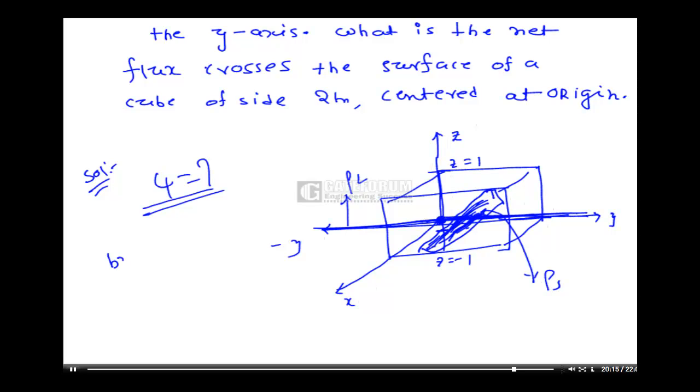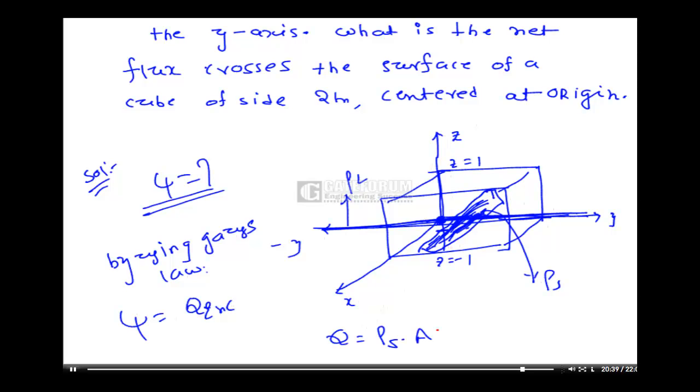So by using Gauss law, we know the total flux leaving is nothing but the total charge enclosed in the volume. So here we have to calculate the total charge enclosed in the cube. For the sheet, Q is equal to rho s into area.